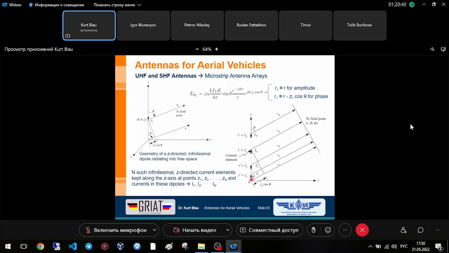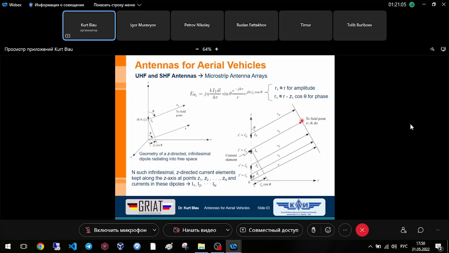Now all the elements, in this case Hertzian dipoles, are arranged in a line: element 1 or Hertzian dipole 1, 2, large N, and so on. And now we look in a certain direction.